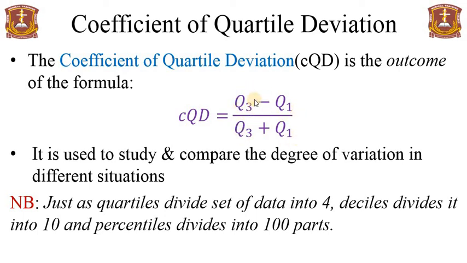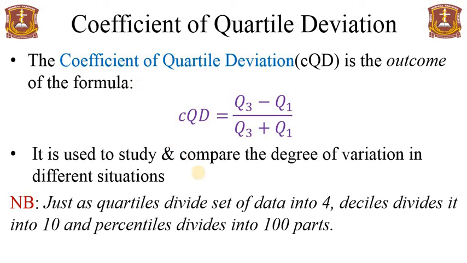And by now I hope you know what we mean by Q3 and Q1. CQD is just the coefficient of quartile deviation. So this is the upper quartile minus the lower quartile over upper quartile plus the lower quartile. It is used to study and compare the degree of variation in different situations.